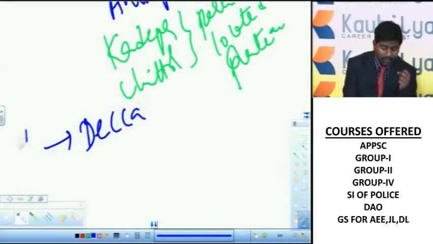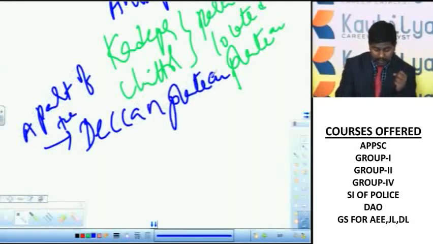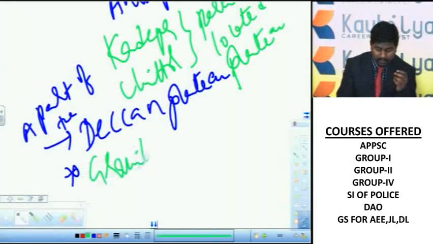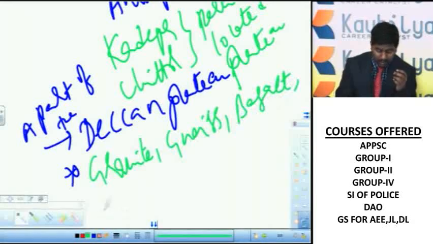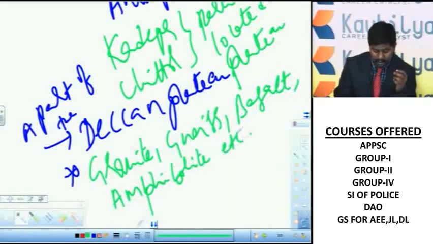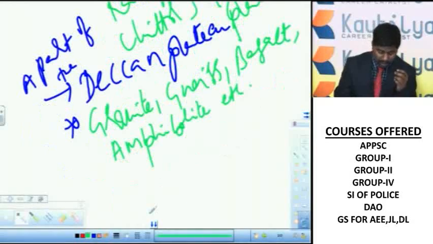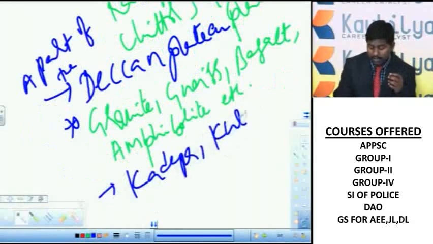It's a part of the Deccan Plateau, and it is composed of rocks like granite, gneiss, basalt, and amphibolite, etc. So this plateau is composed of these different types of rocks, and these rocks are composed of Kadapa rocks and Kurnool rocks.